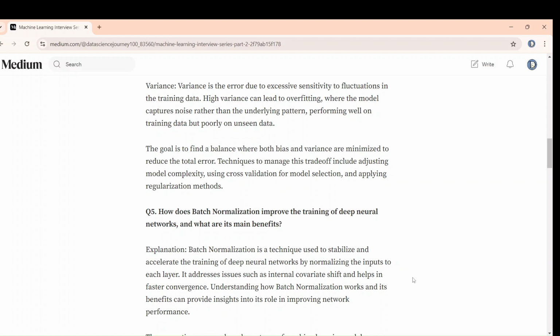You can solve this problem by using batch normalization. Batch normalization normalizes the inputs to each layer. Whatever the output is from the previous layer, first it takes it, then normalizes it, and then passes it as input to the next layer. They have a consistent distribution now, and the covariate shift problem is done.